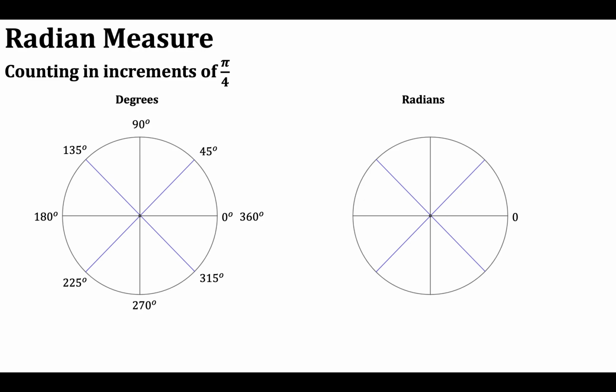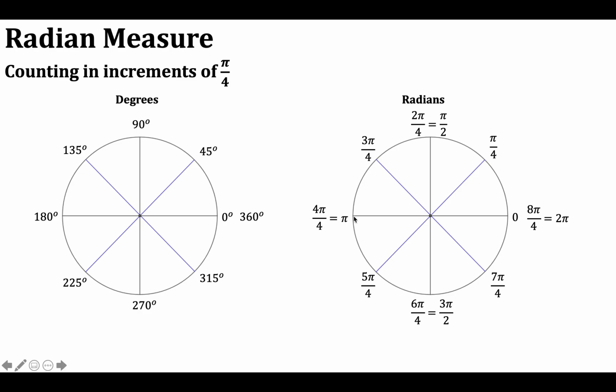So we've got 0, pi over 4, 2 pi over 4, but we can see that that simplifies to pi over 2, 3 pi over 4, 4 pi over 4, which is pi, 5 pi over 4, 6 pi over 4, which is 3 pi over 2, 7 pi over 4, and 8 pi over 4, which simplifies to 2 pi.